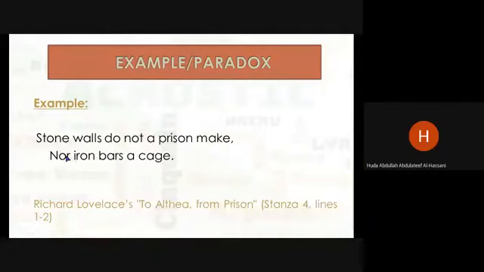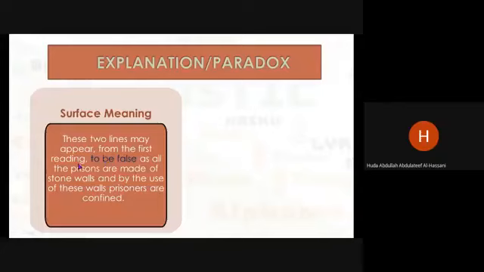How come? What do I mean by this? Well, explanation. Look, in the surface meaning, what do we have? These two lines may appear from the first reading to be false, as we have said in the previous definition. Why? As all prisons are made of stone walls, and by the use of these walls, prisoners are confined.